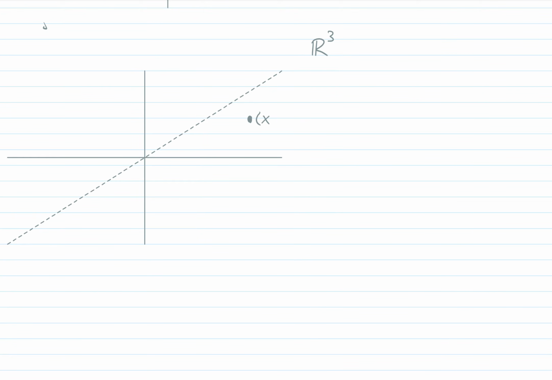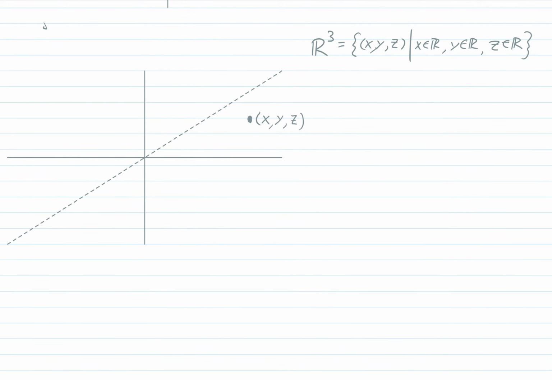It's an ordered triple, where all three entries in the ordered triple are real numbers, right? So it's the set of all ordered triples such that x is a real number, y is a real number, z is a real number. That's called a Cartesian triple product of R with itself.